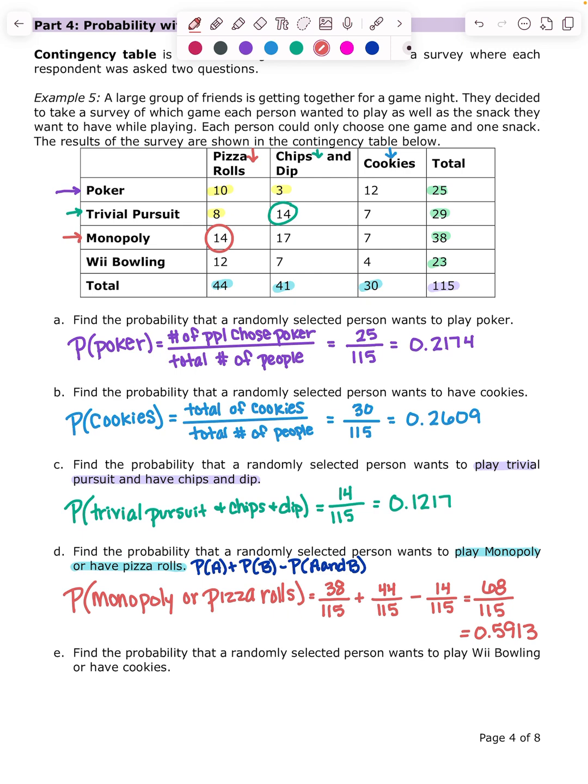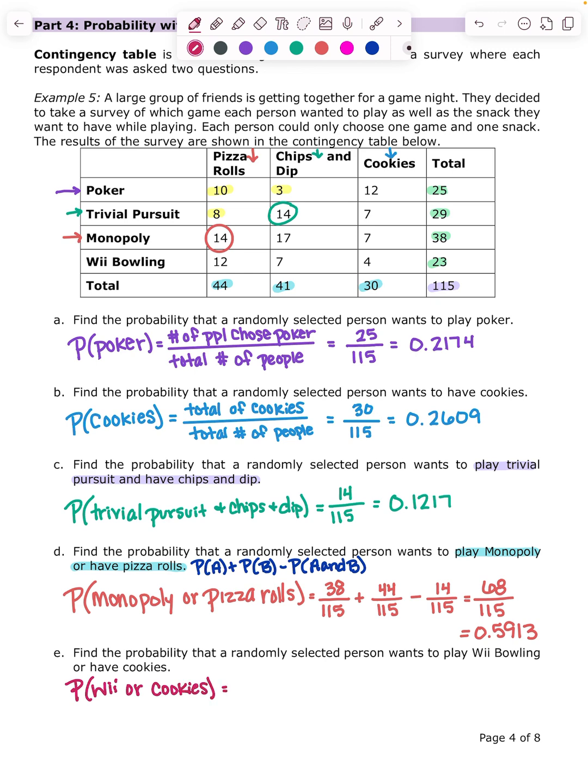All right, hopefully you paused the video, you've worked it out, and now we can go over the answer. So the probability that somebody wants to play Wii bowling or have cookies.